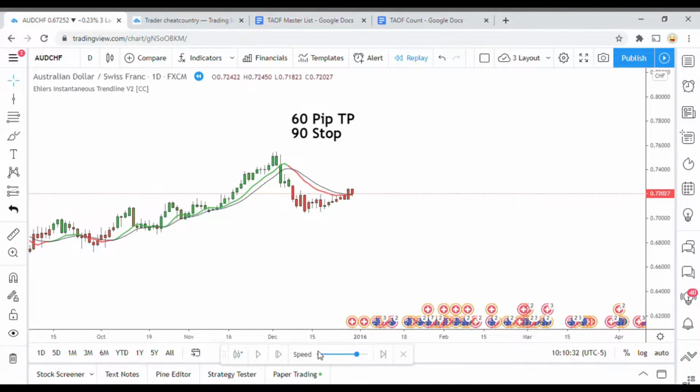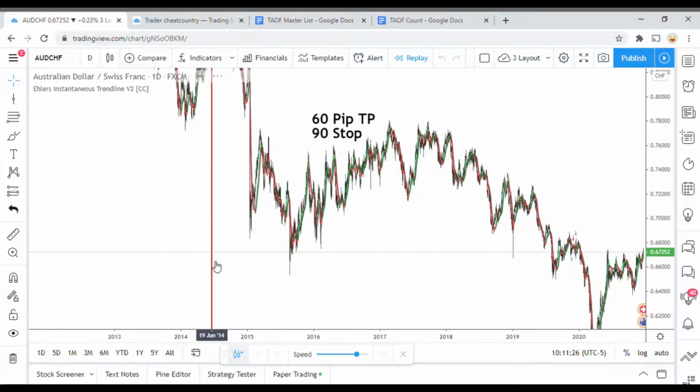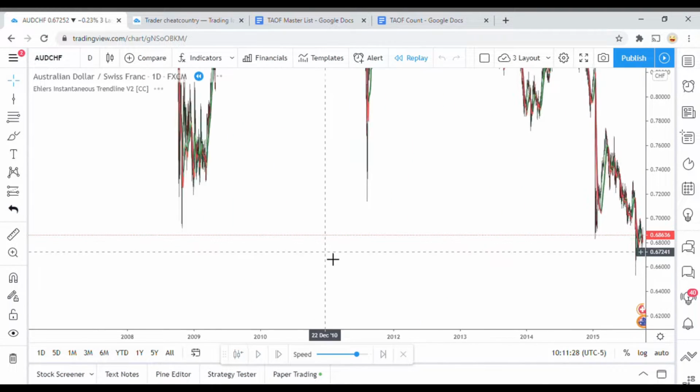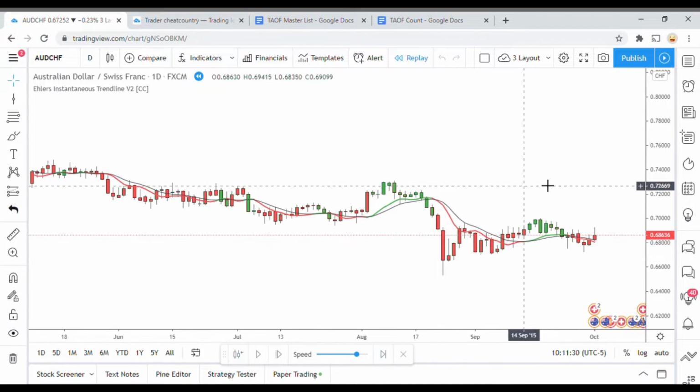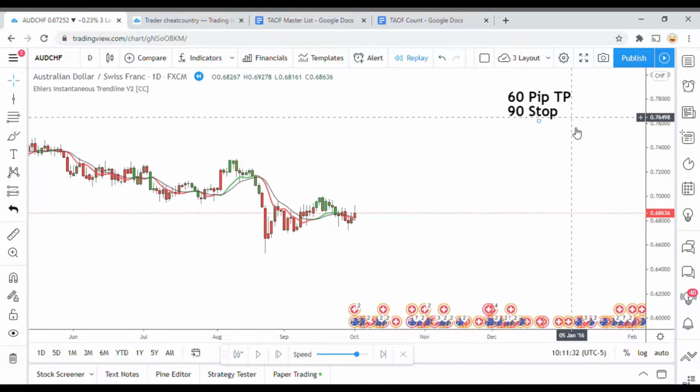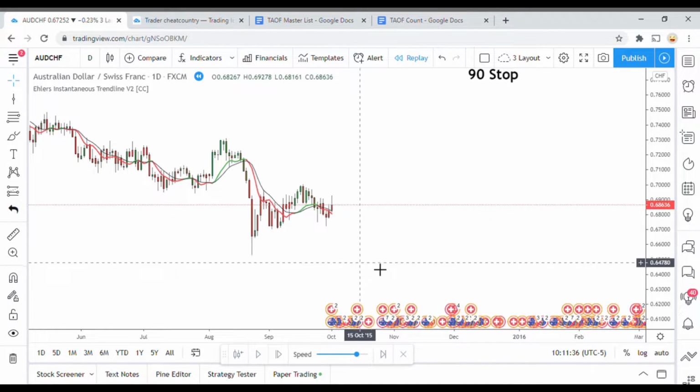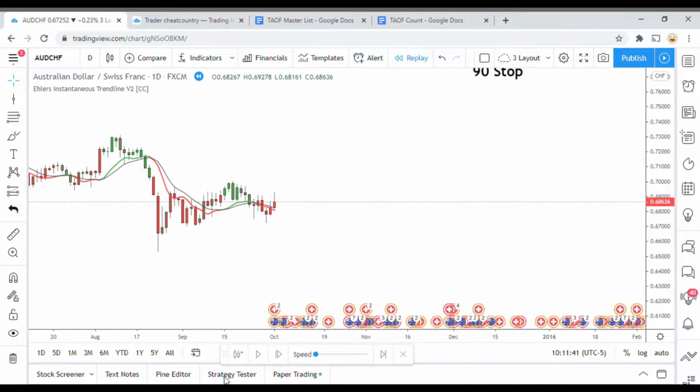And so you can make it as fast or as slow as you wish using the little speed slider there. And then you can also jump to particular dates. But we can go back here and we can click there. And so we've gone back a good ways. We're actually farther back into 2015. And so that way you can kind of see the speed function.